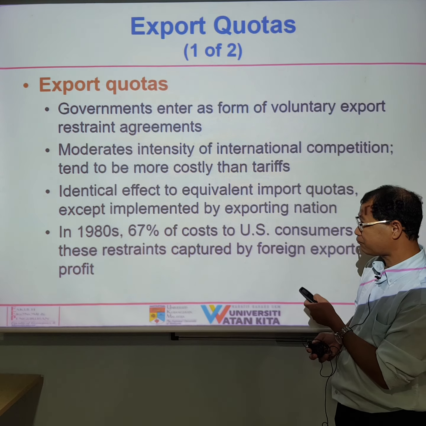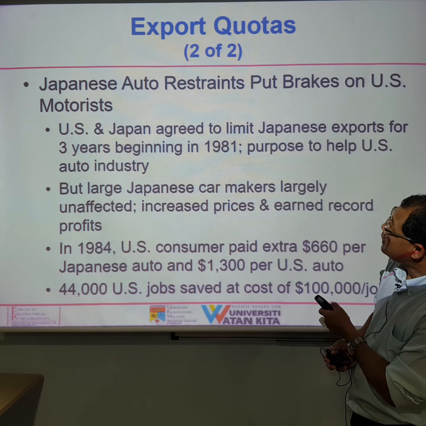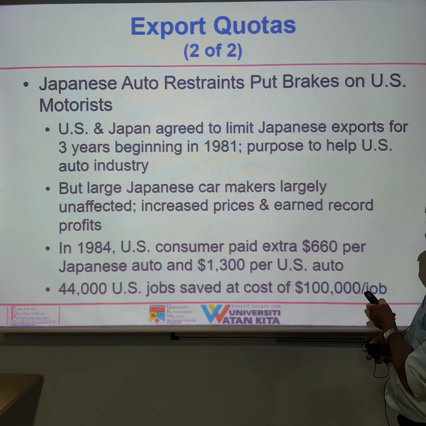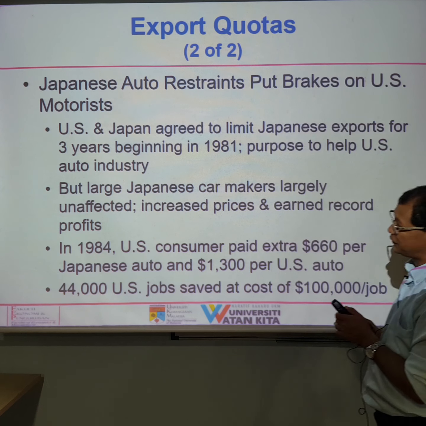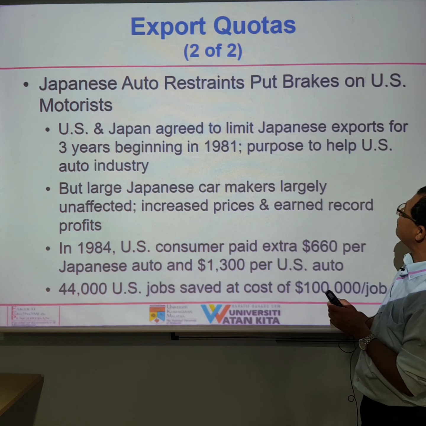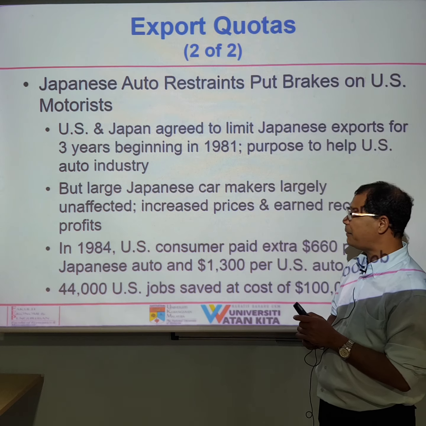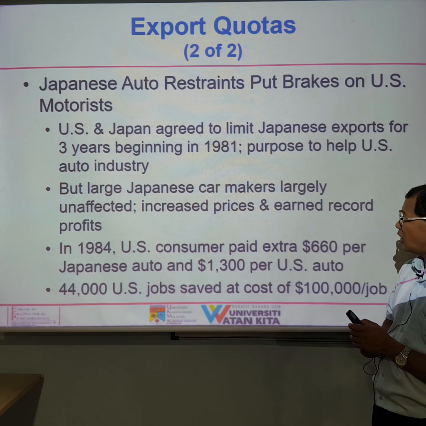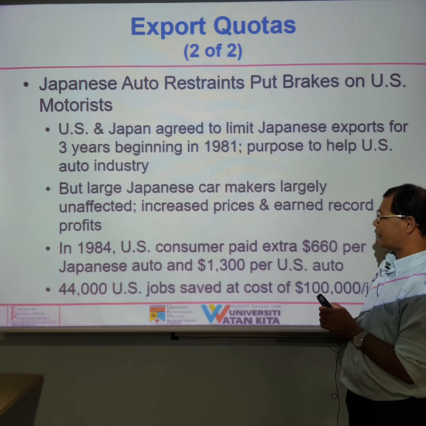You're going to see. Japanese auto restraints put brakes on United States motorists. The United States and Japan agreed to limit Japanese exports for 3 years, beginning in 1981, to help the U.S. auto industry, but large Japanese car makers were largely unaffected, increased prices and earned record profits.